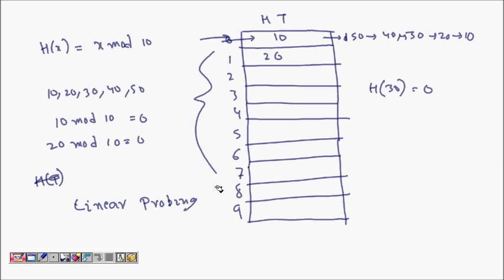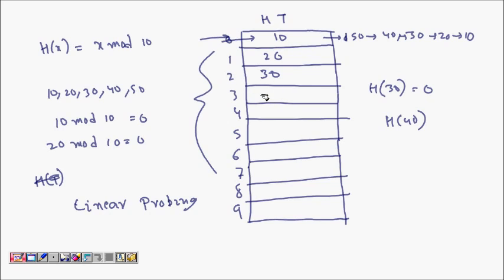We found that h of 30 should belong at 0, it was already filled, and the next place was also filled, so I can put it here. For h of 40, again I search: it should be at 0, not empty; next place, not empty; next place at index 2 is not empty, so I will put it here.